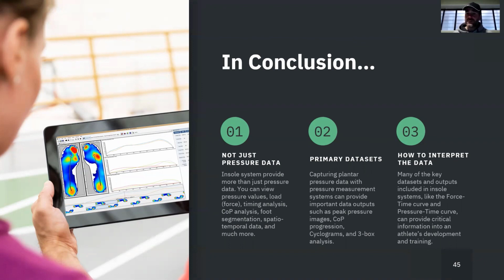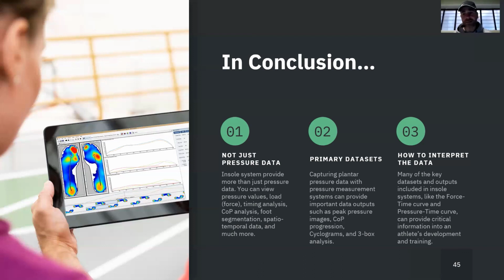The second aspect is that we have five primary data sets. Capturing plantar pressure data with a pressure measurement system can provide data outputs such as peak pressure image, COP, center of pressure progression, the cyclograms, force-time and pressure versus time curves, and the three-box analysis.